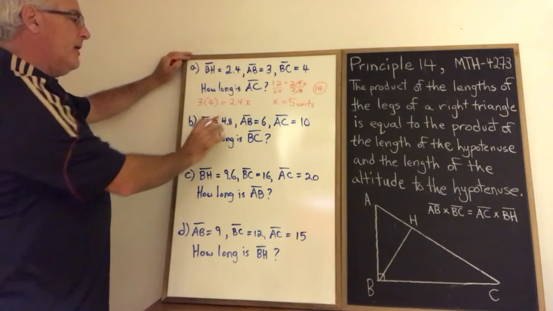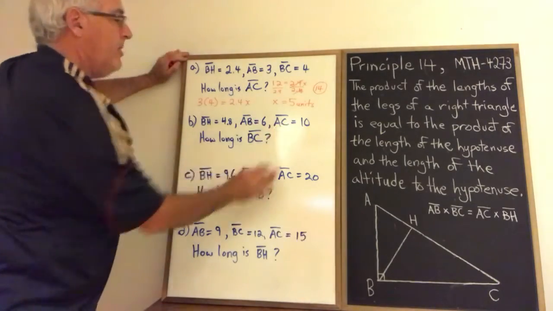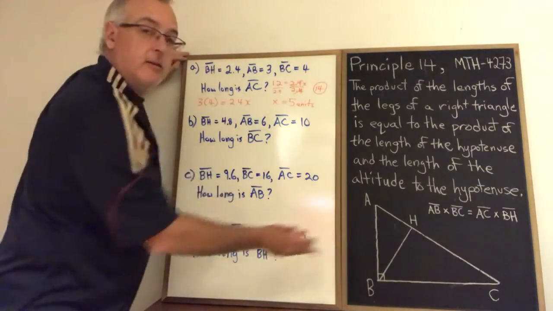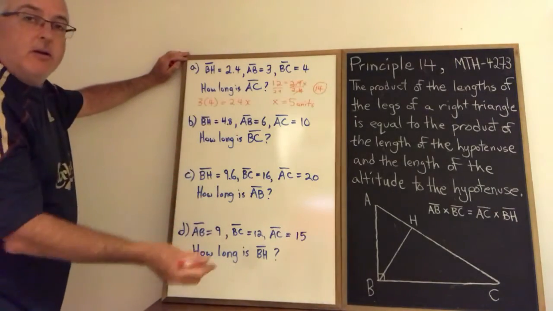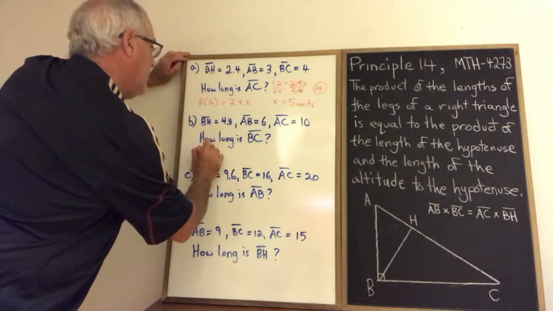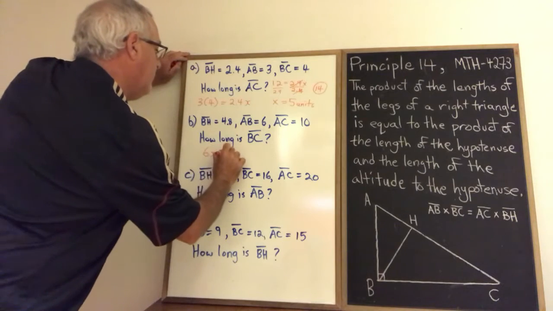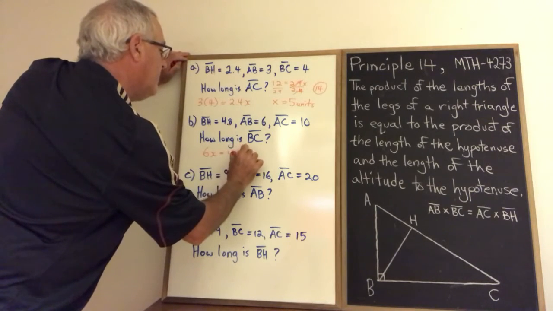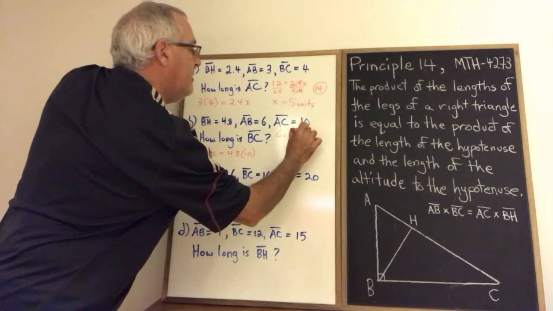In B, we're given the altitude and the short leg and the hypotenuse, but we're being asked how long is the longer of the two legs. We use the formula the same way, it's just our unknown is in a different place. So we have 6x is equal to 4.8 times 10. 6x is equal to 48.